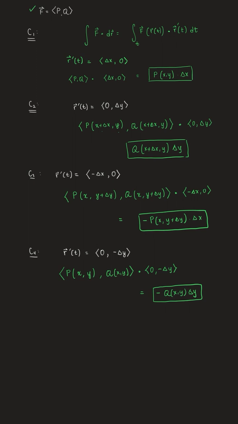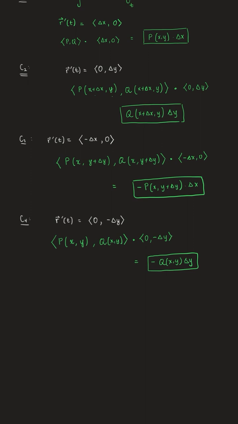And now I'm going to combine these pieces, but in a strategic way. I'm going to combine the two pieces that have a delta x and a p as our vector field, which are C1 and C3. So along C1 and C3, we can write that sum as, I'm going to factor out a negative, p of x, y plus delta y times delta x, minus, along C1, p of x, y delta x.